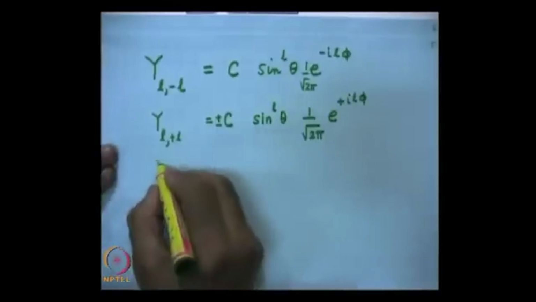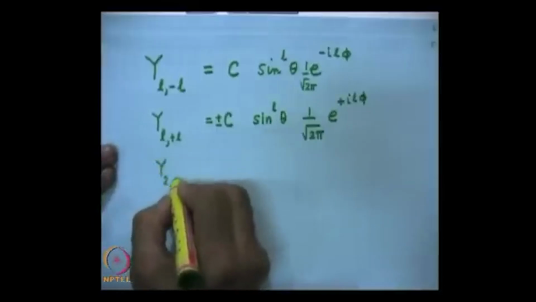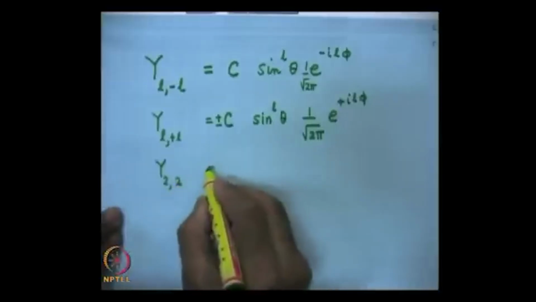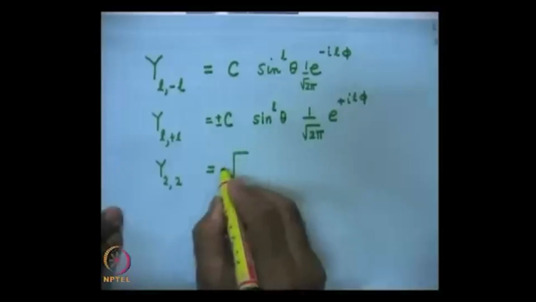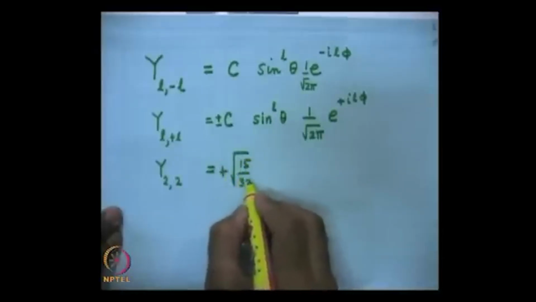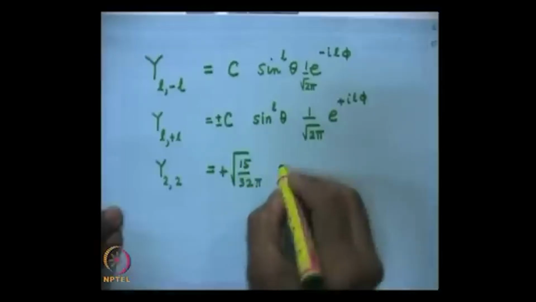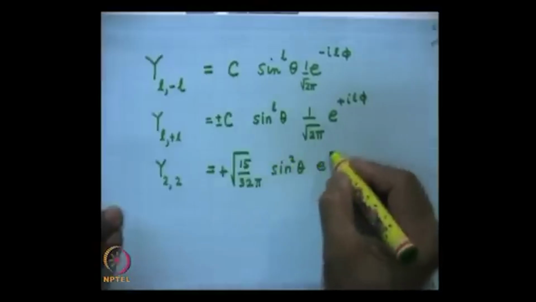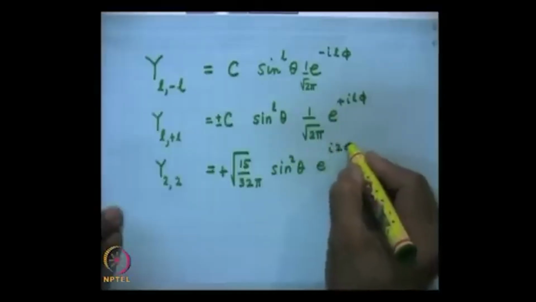So, in the case of Y 2 2, that is L m is 2, we will obtain the same expression for C, and it will be a plus sign here, 15 by 32 pi sine square theta e to the power of i 2 phi.